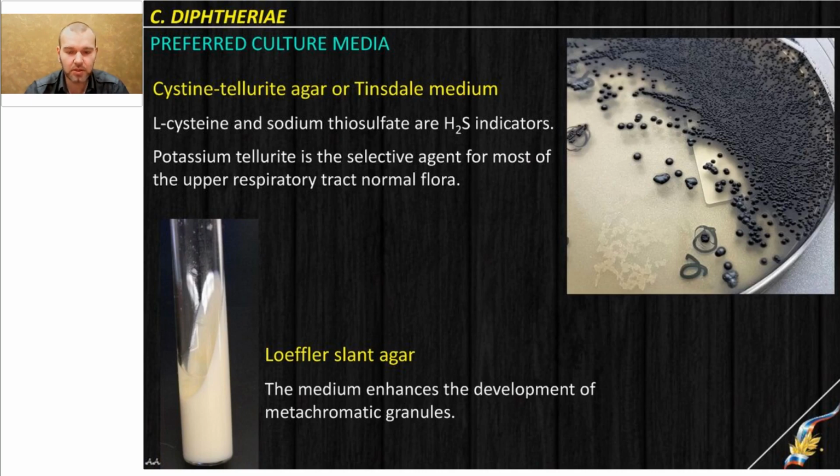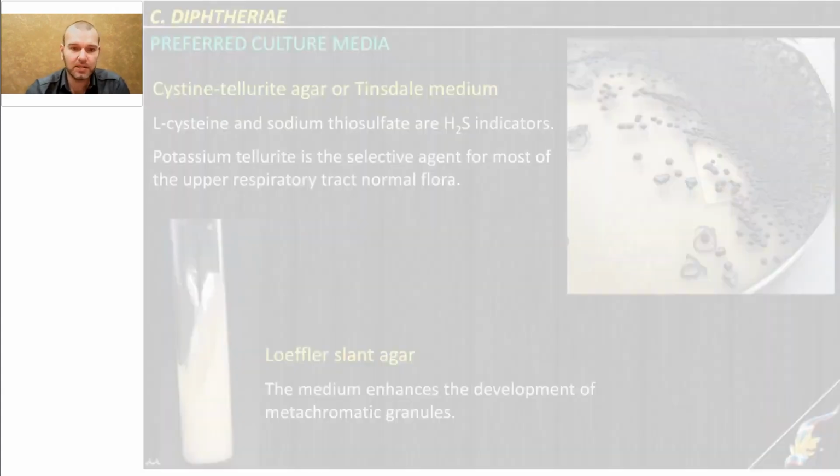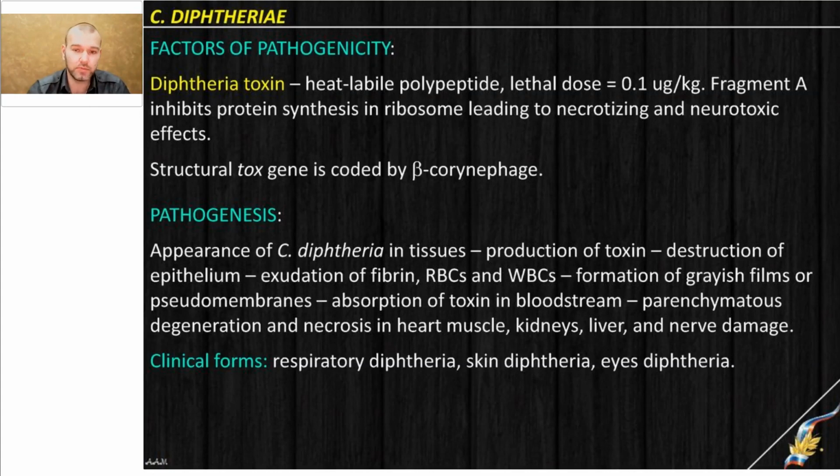The main unique property and benefit of that agar is that it makes the metachromatic granules of volutin grow faster and bigger. If you need to differentiate pathogenic and non-pathogenic species of Corynebacterium, it is better to use Loeffler agar because bacteria will grow the inclusions faster. And in the microscope on the slide, you can easily identify the pathogenic species.